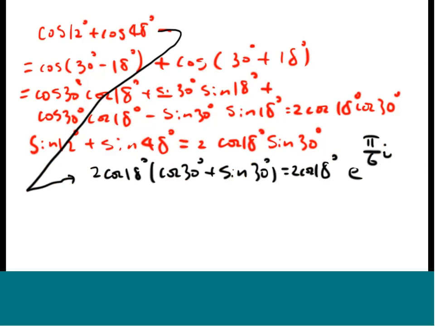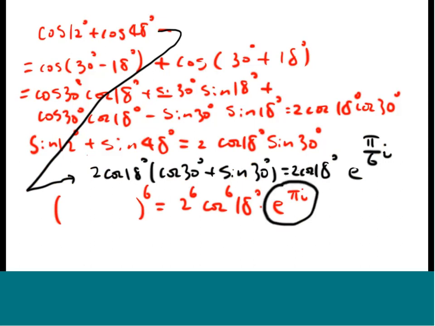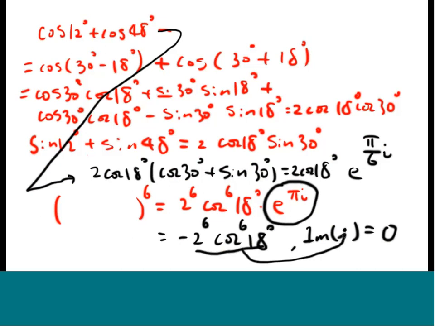If you raise it to the 6th power, it's going to be 2 to the 6 cosine to the 6th of 18, then e to the pi i. So e to the pi i is how much? Do you remember? Negative 1. Yes. So it's negative 2 to the 6 times some real number. So this is a real number, and the imaginary part is going to be 0. Okay?